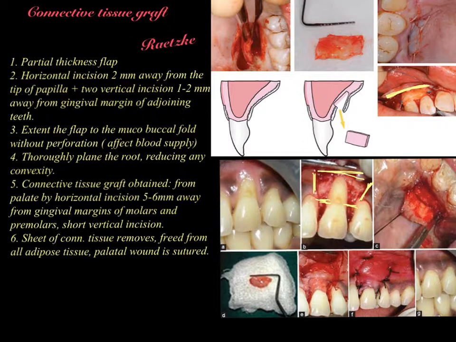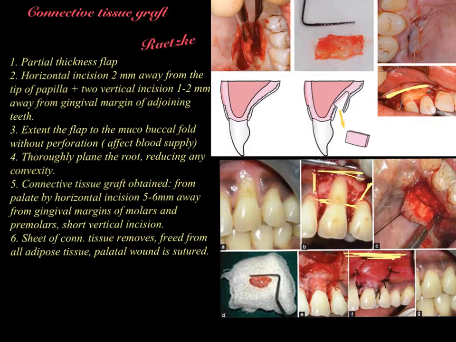Then we extend the flap to the mucobuccal fold, avoiding any perforation. We extend the flap till here without any perforation, as it may affect the blood supply.